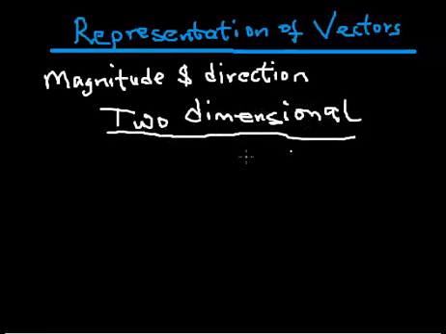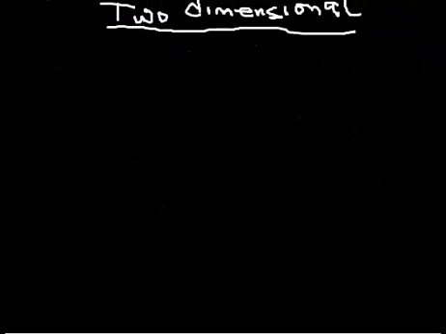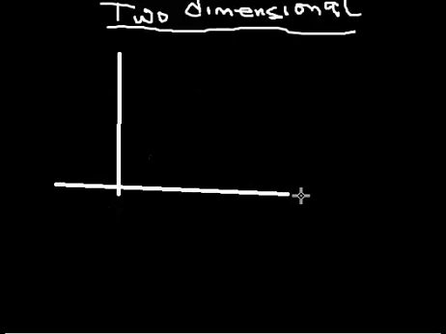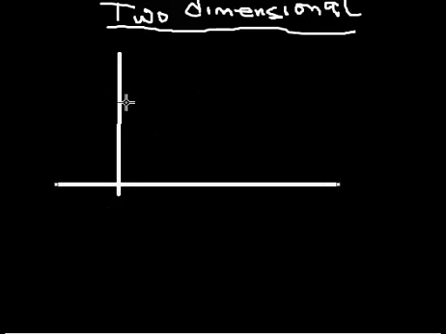If I'm representing a vector in two dimensions, I'm considering the fact that the vector is located in a plane. A plane is a surface that I can represent using two axes, one vertical, the other horizontal. A plane has these two reference axes, and a vector can be in between, but it can be represented with two axes.